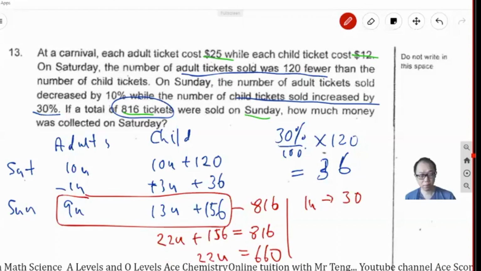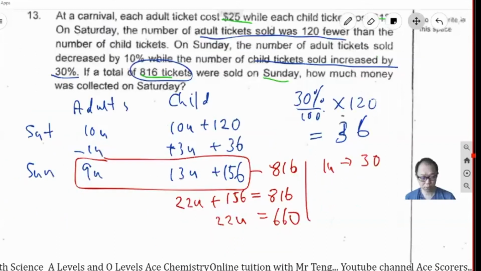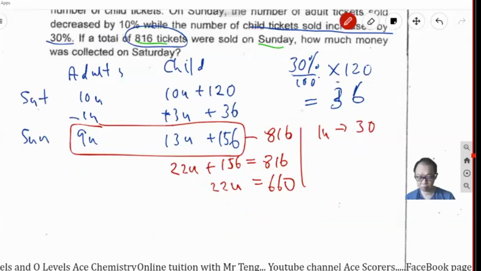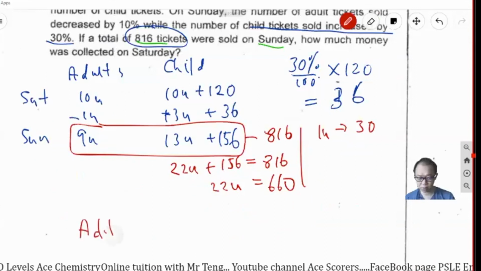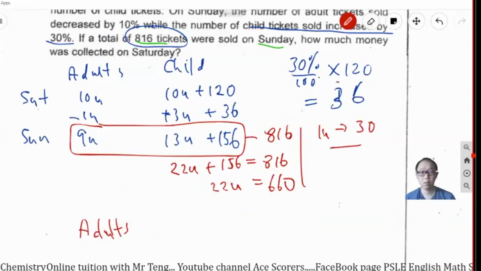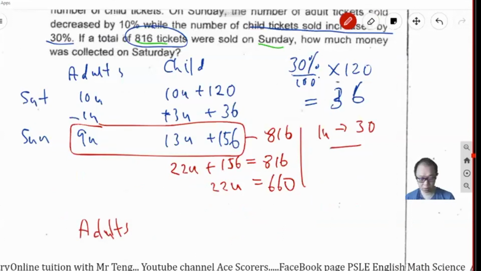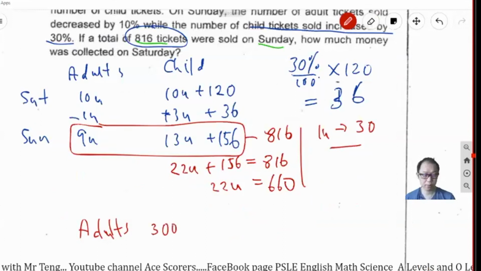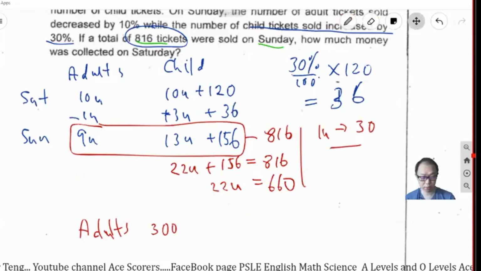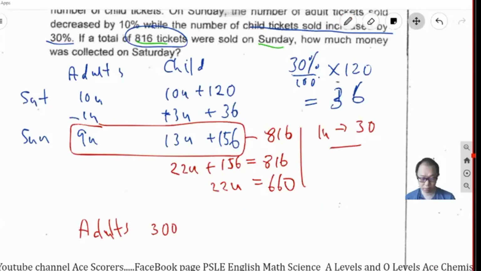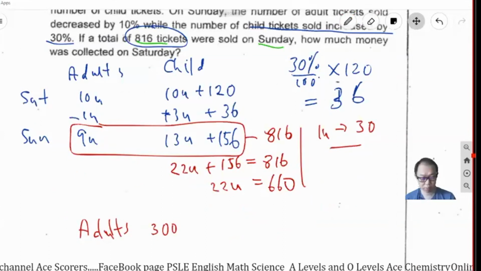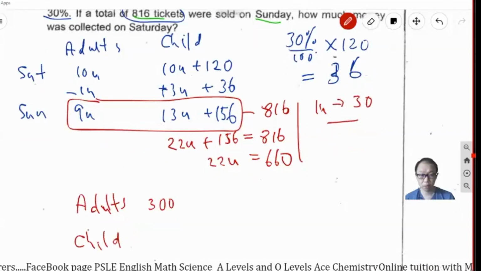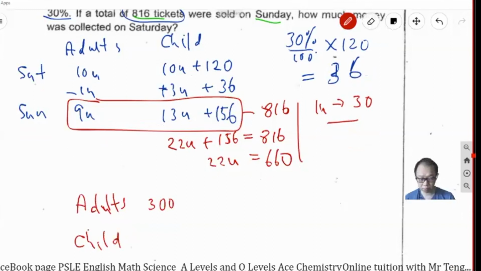Okay, so for Saturday, we have to look at how many tickets were sold. Since 1 unit is 30, adults sold 30 times 10, that's 300 tickets, right? And the child is 10 units plus 120, so child is 420 tickets.